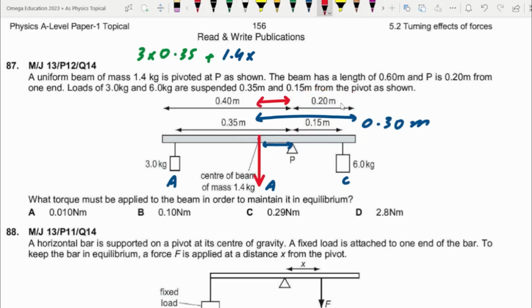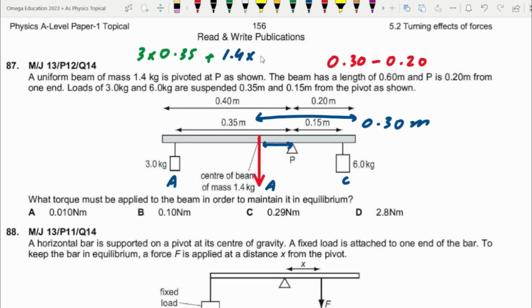So I'm going to do 0.30, which is the total distance on the right side of the pivot from the center, and I subtract this distance, which is 0.20. Then I get the distance between the force and the pivot, which would be 0.10.